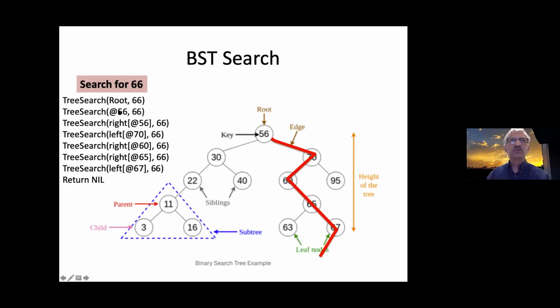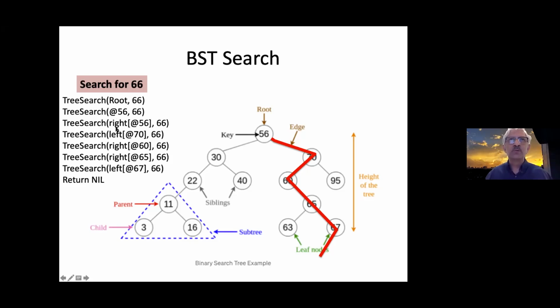By the way, the root of the tree is the node that contains the number 56. And so I have written it down as 56 to indicate that it's the node where the root pointer points to. When the recursive call happens, we go off to the right child of this node.